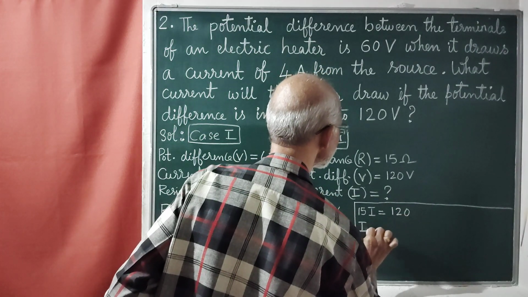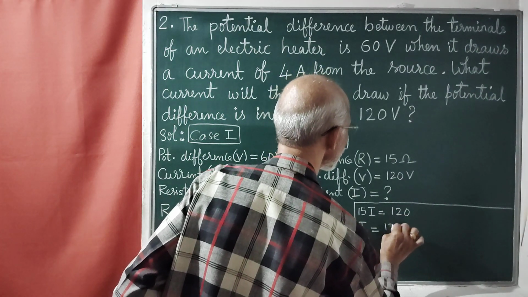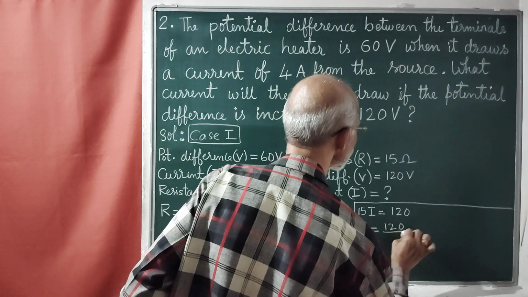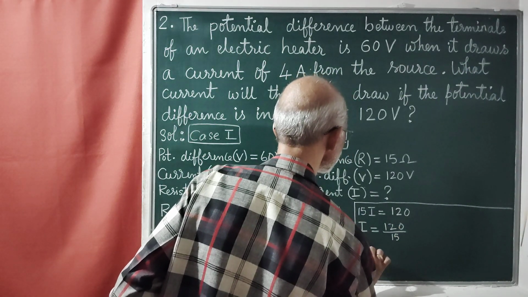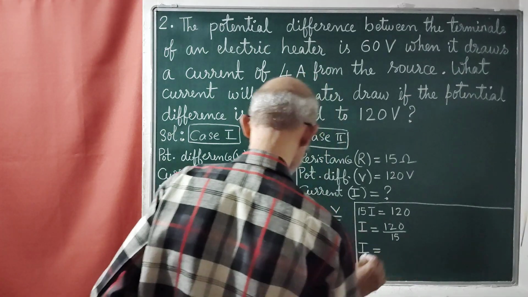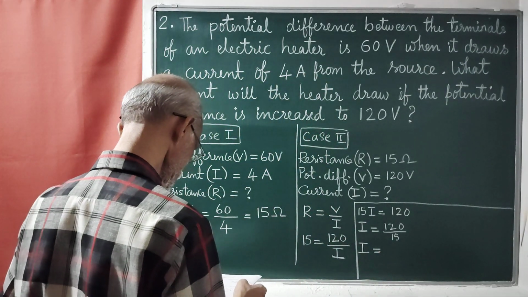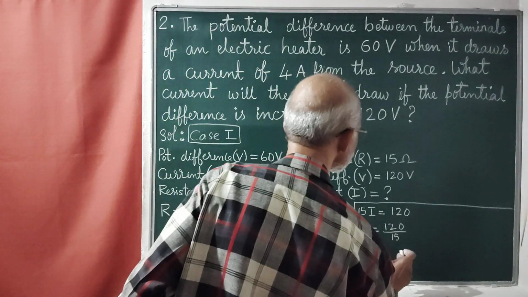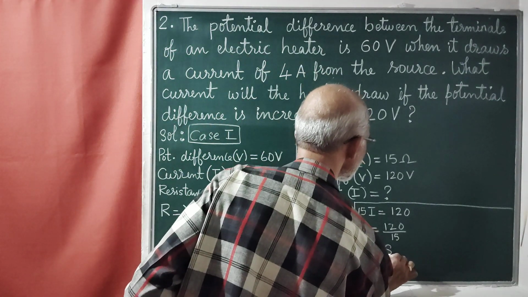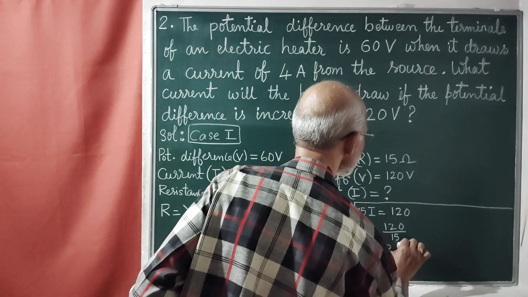I is equal to 120 by 15. So I is equal to 8 amperes, the current.